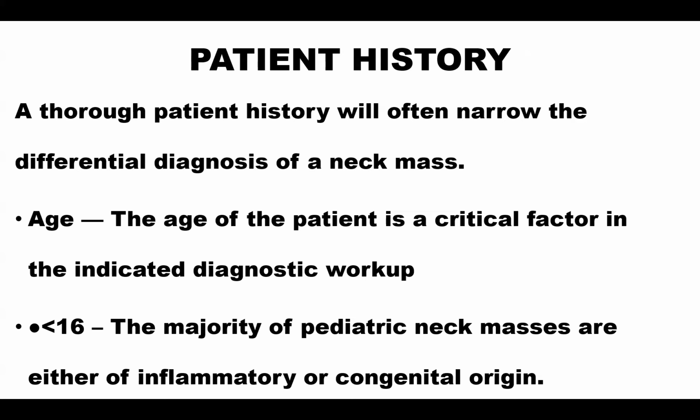Then if the patient is less than 16 years, majority of pediatric neck masses are either inflammatory or congenital in origin. Okay, but like as I said, the younger the child, the more you think of congenital origin. Then acquired and developmental as the child grows, such symptoms can start manifesting.